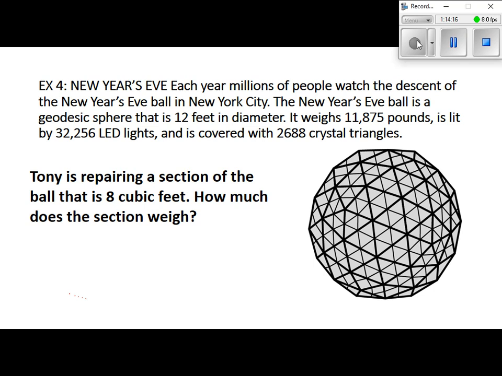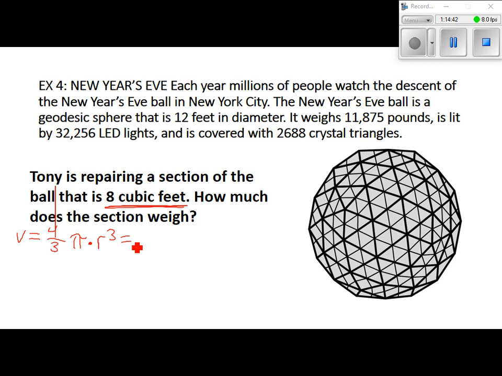Second part here, this time it says that Tony's repairing a section of the ball that is 8 cubic feet. Well, it's cubic feet, so now we're not dealing with surface area anymore. Now we're dealing with volume. And the formula for volume of a sphere is 4 divided by 3 times pi times radius cubed.